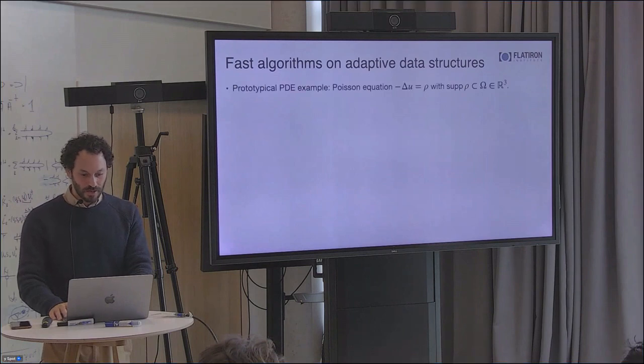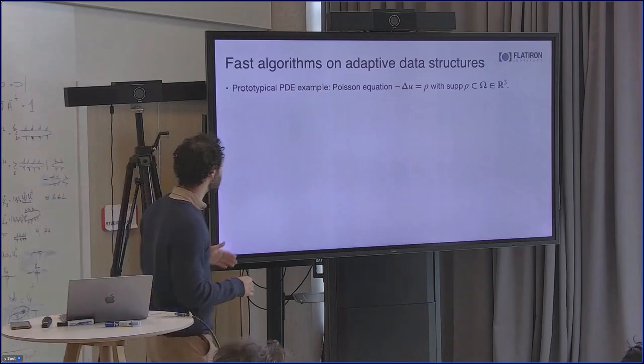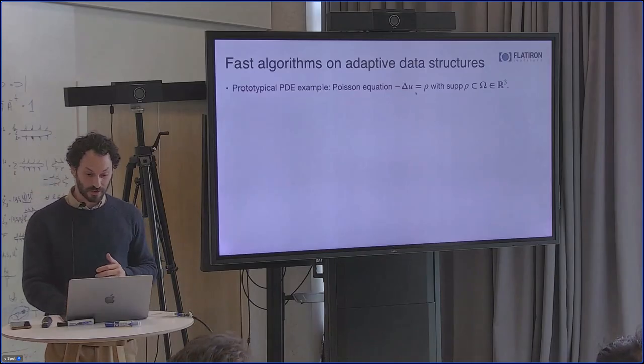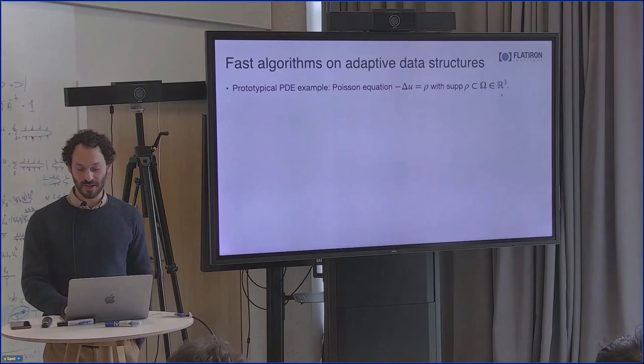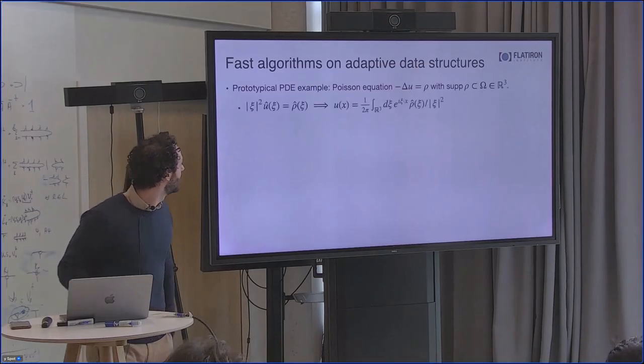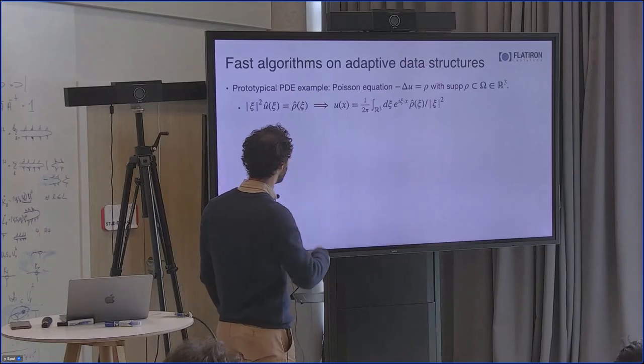So in applied math, we always sort of go back to our prototypical PDE, the Poisson equation. So that's what I'll do. Let's consider the Poisson equation with a density rho, which is compactly supported in R3. Okay. And what's the simple, naive way of solving this?